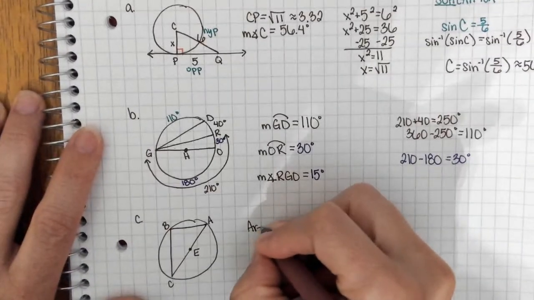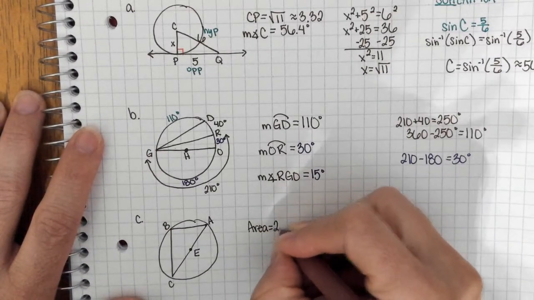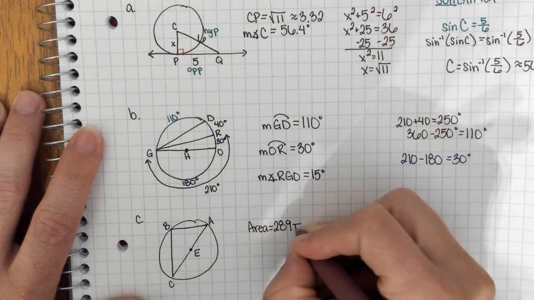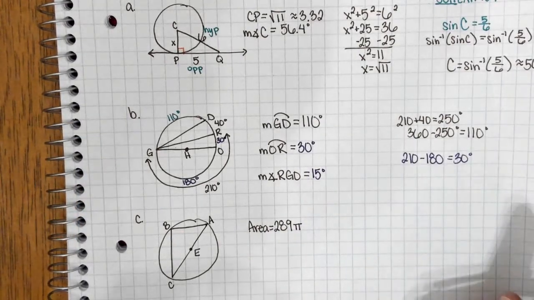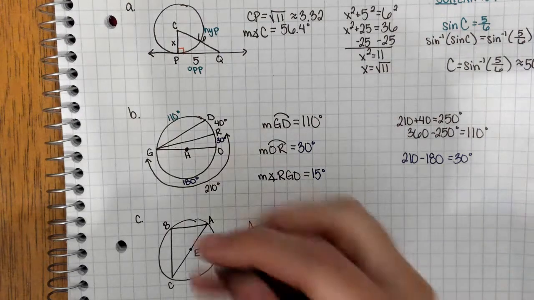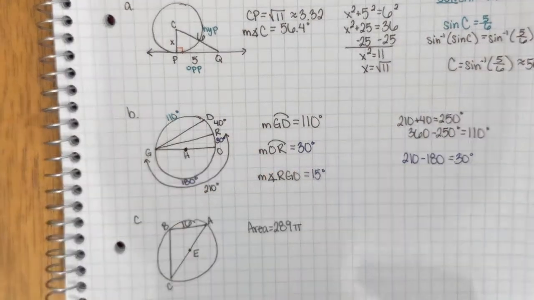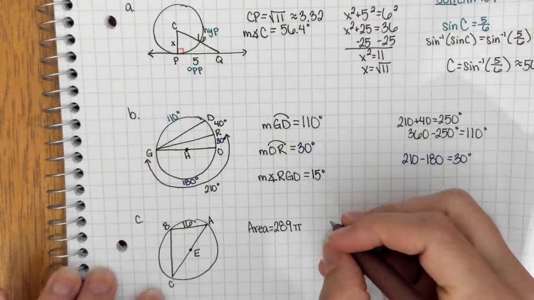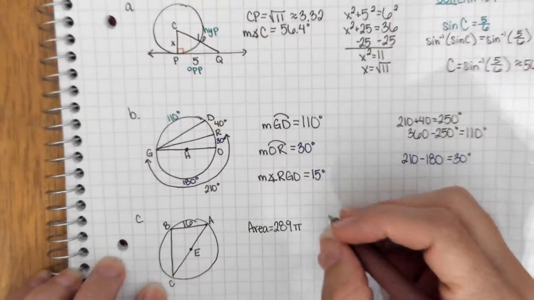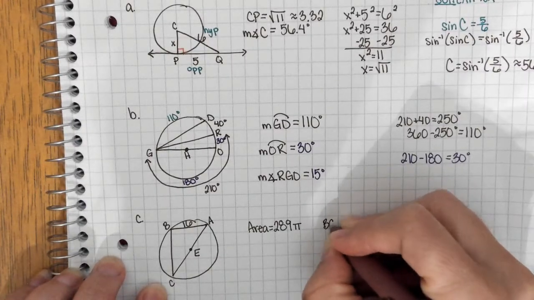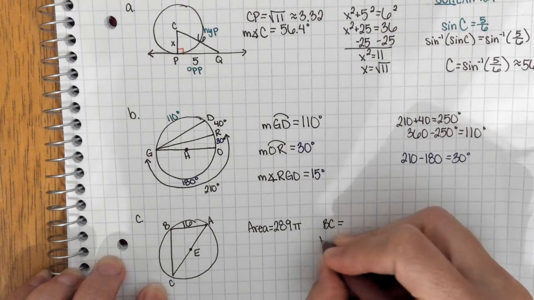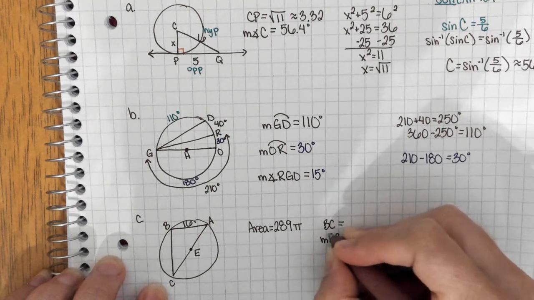The area here is 289 pi units squared. AB is 16, so this is 16. And we want to know what BC is and the measure of arc BC.